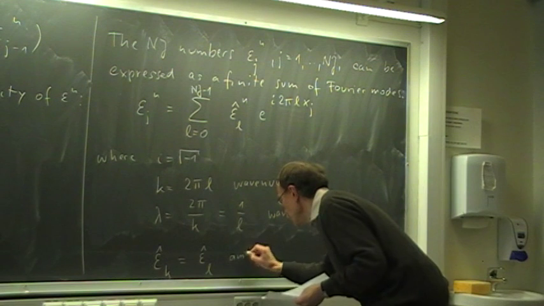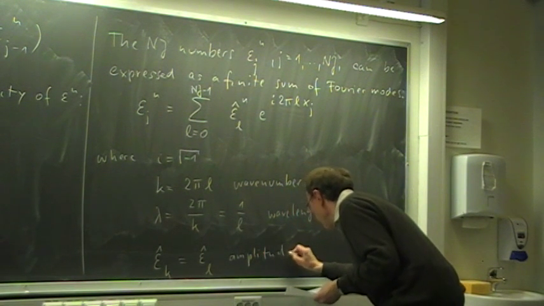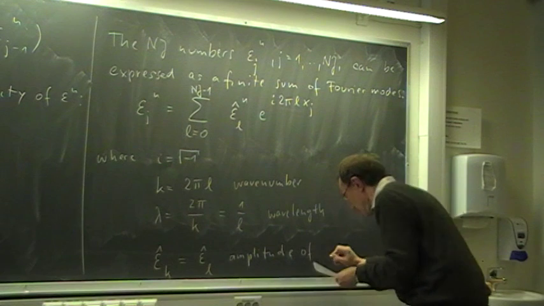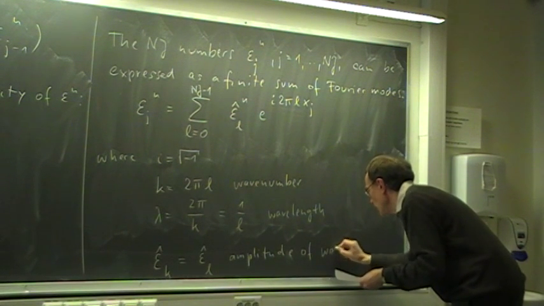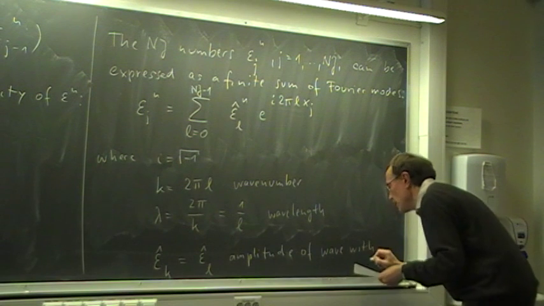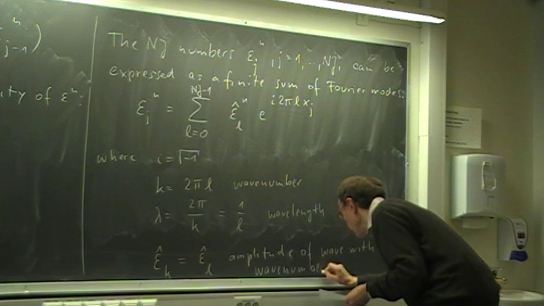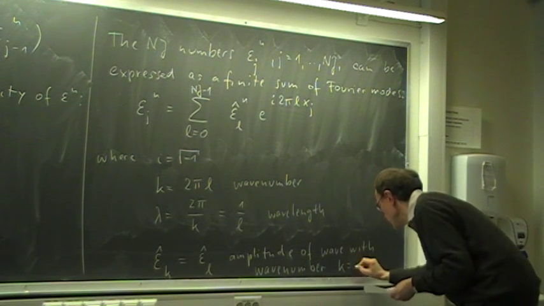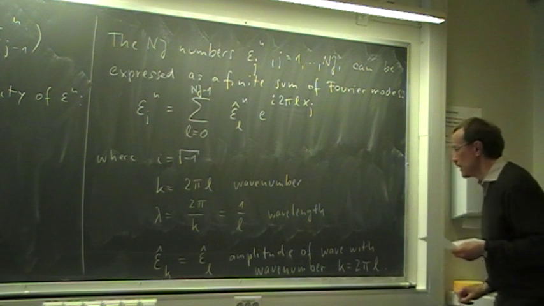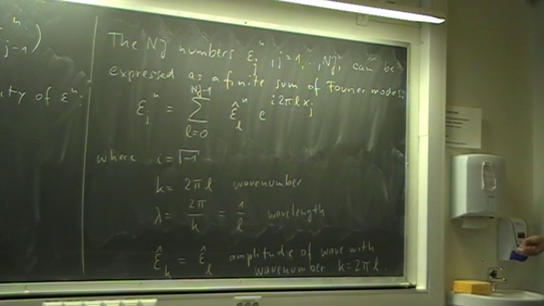That is the amplitude of the wave with the wave number k equal to 2 pi l. So that is the connection here between k and l. So that means we can express the rounding error as a finite sum of Fourier modes.